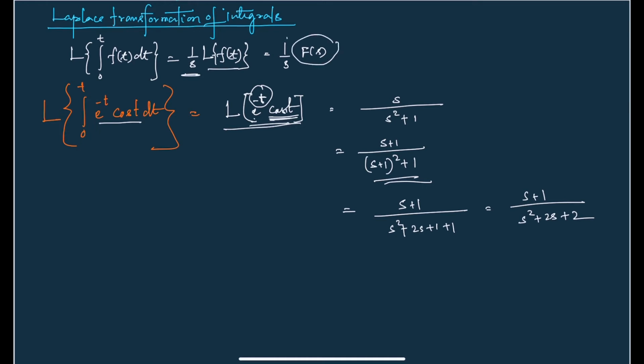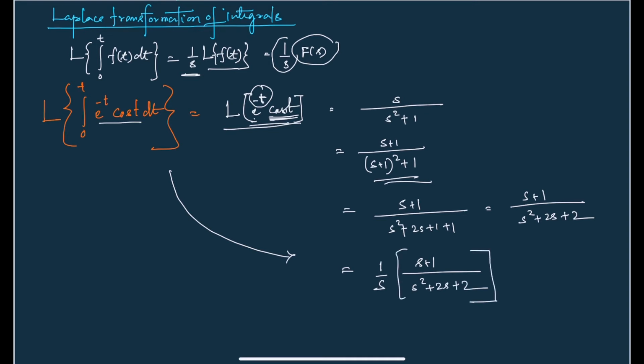So what you have to multiply is 1 by s, and the Laplace transformation will be 1 by s into s plus 1 divided by s square plus 2s plus 2. This is after the Laplace transformation.